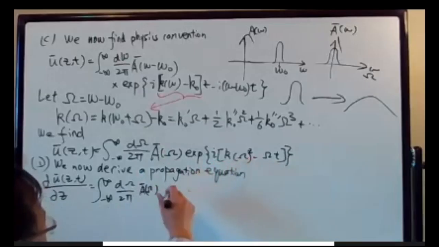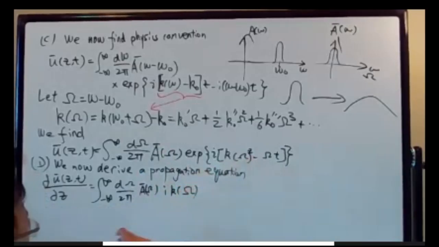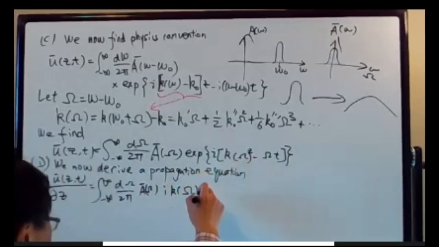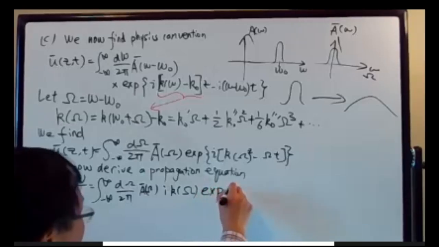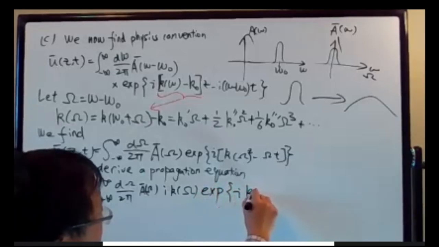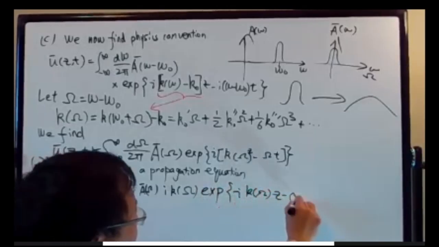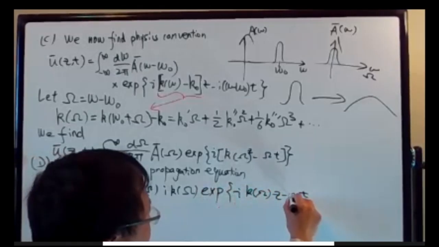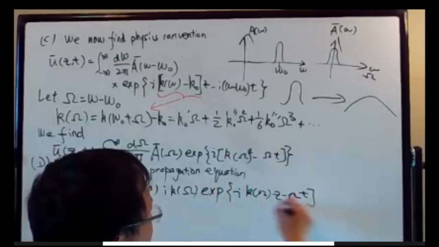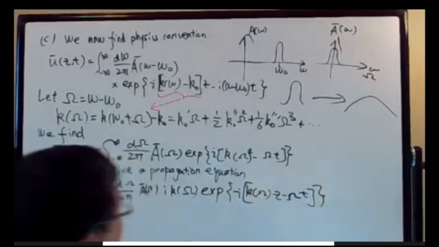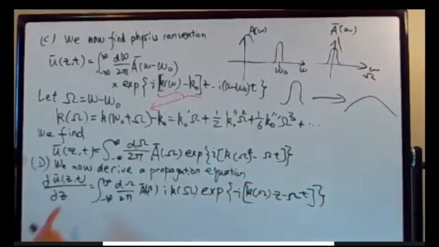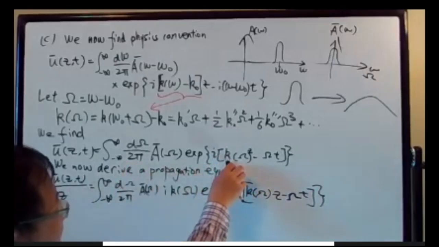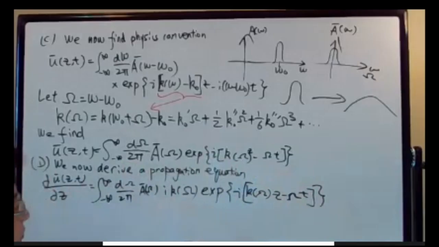We have a z, so it is i k(omega), and then the exponential of i times k(omega) z minus omega t. Because we take a derivative, the only z-dependent term is this.